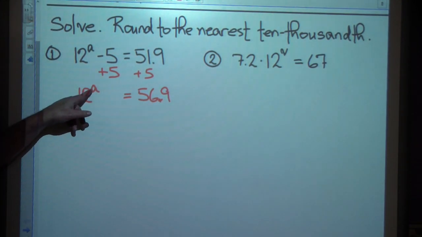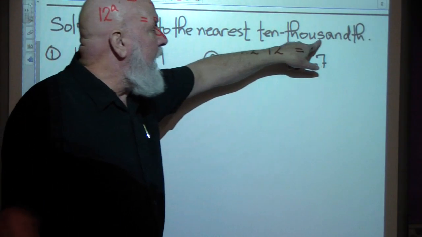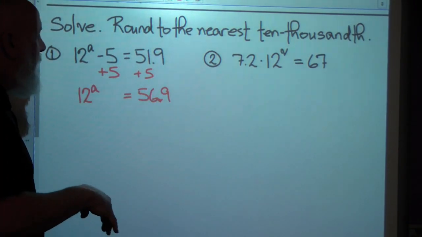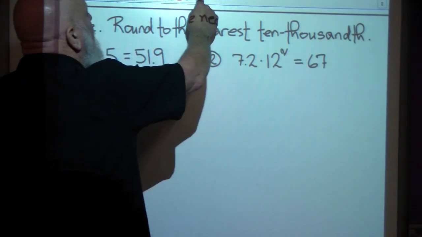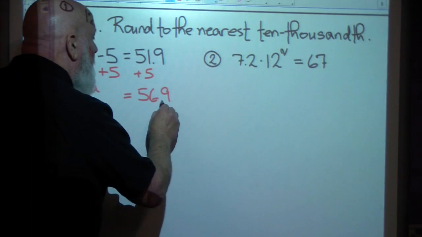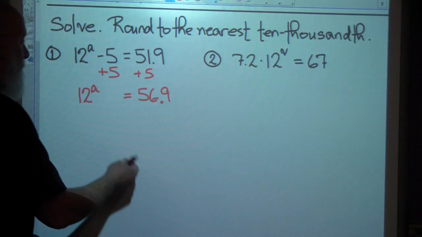Now I look and I say, well, 12 to some power is 56.9, and I want to round it to the 10,000ths. So I want 4 decimal places precision. So what I'm going to do is take the log of both sides and then use the power property.